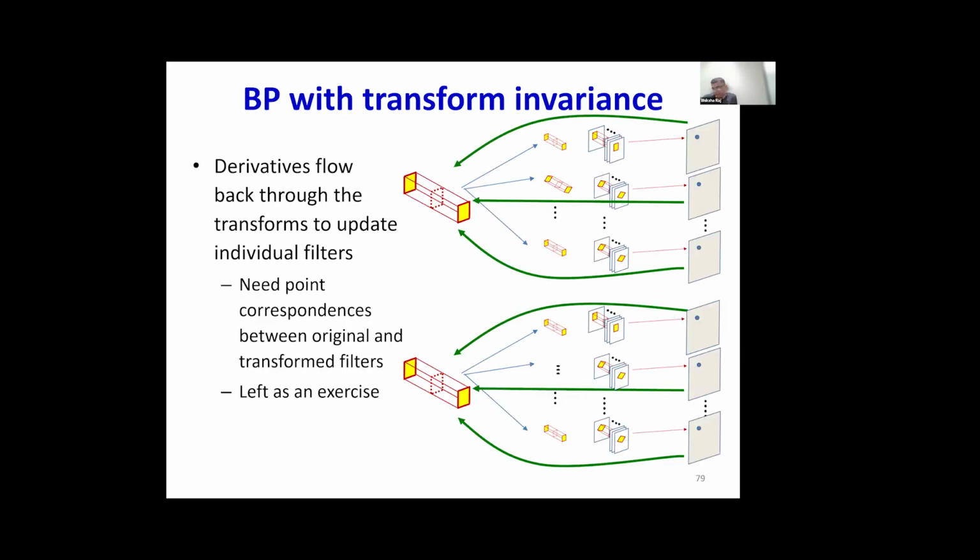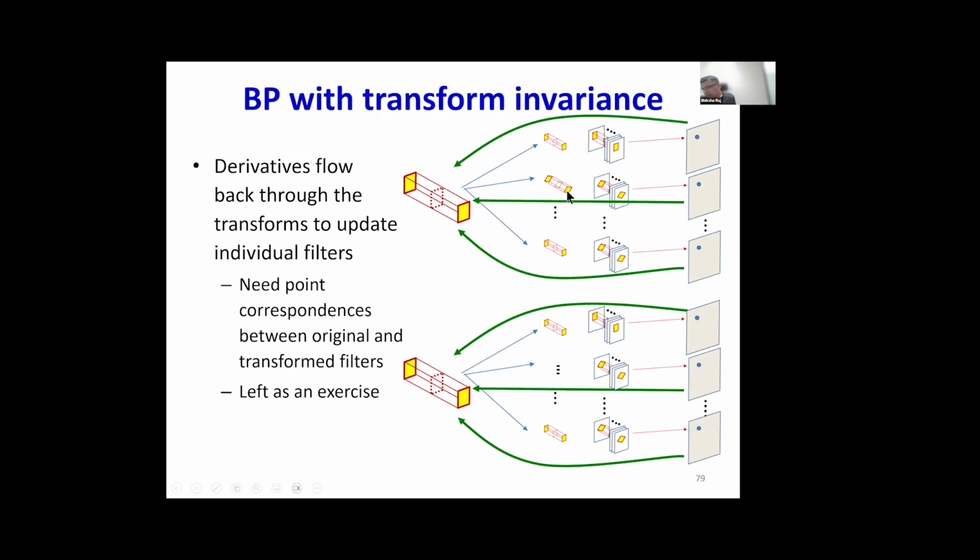How so? I know that all of these filters came from the same common filter, correct? So when I back propagate derivatives, the derivatives from all of these variants of the filter must be propagated back and aggregated in the original filter.